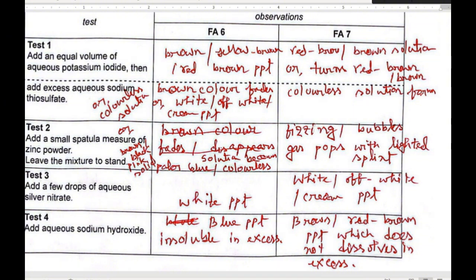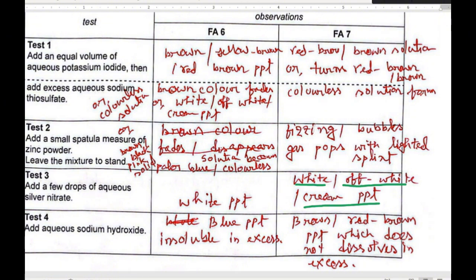You write colorless solution, because some green solution may be clear, but this is a green solution. Colorless solution as like water. So if you write white, or off white or cream precipitate, you will get marks.